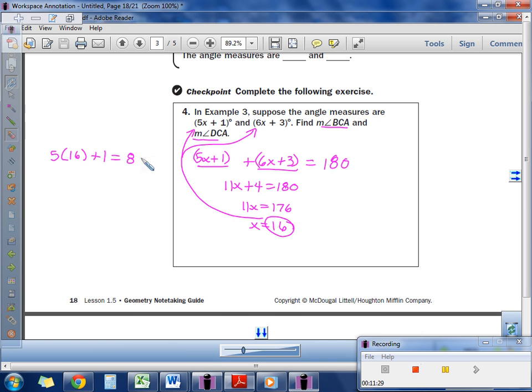Sorry, I wrote 80. The other one is the 6x plus 3, so that's 6 times 16, then add 3, and you get 99. So the value of those two angles are 81 and 99.